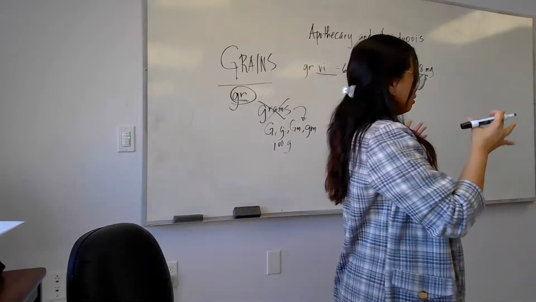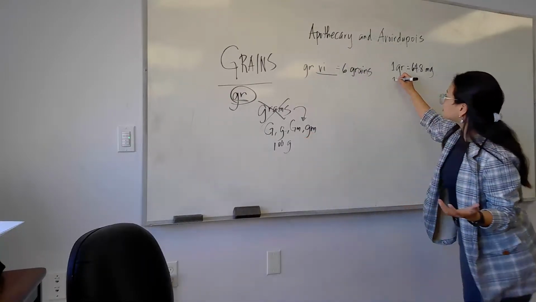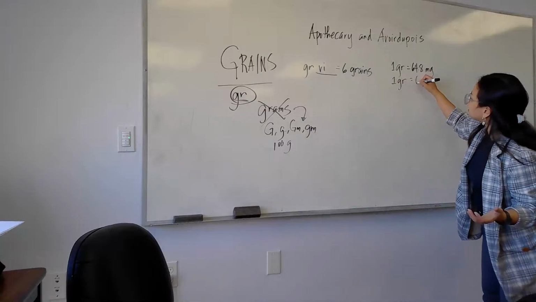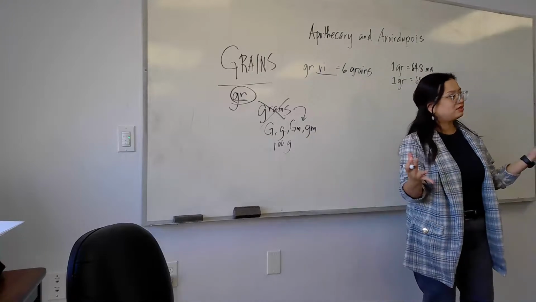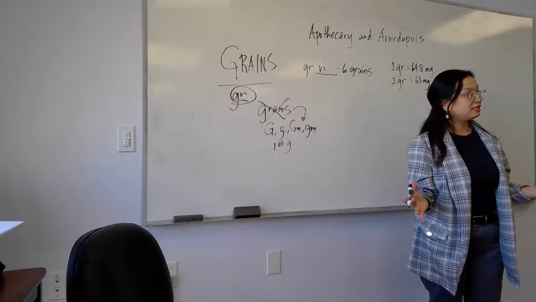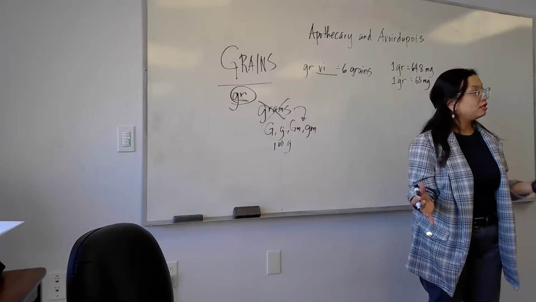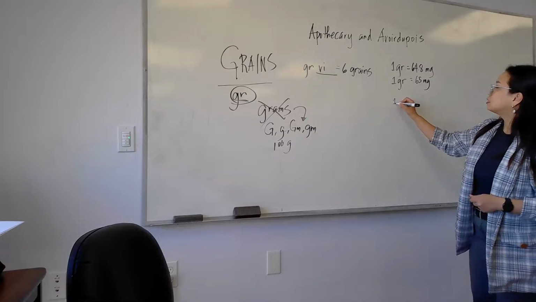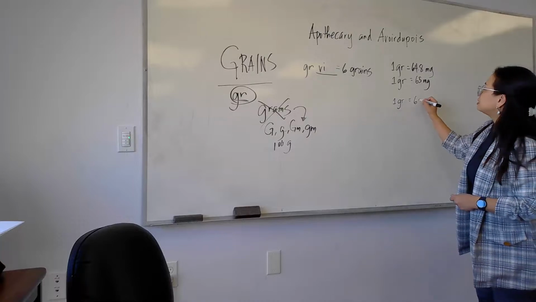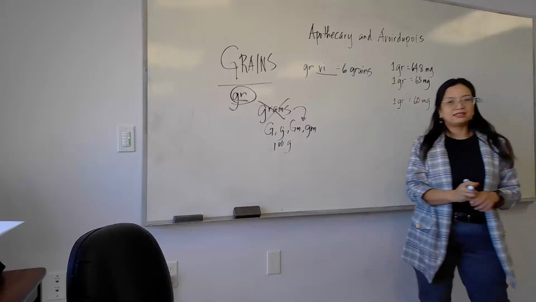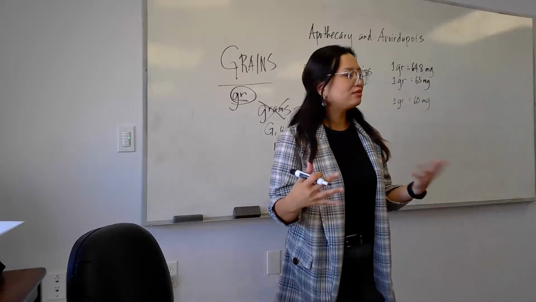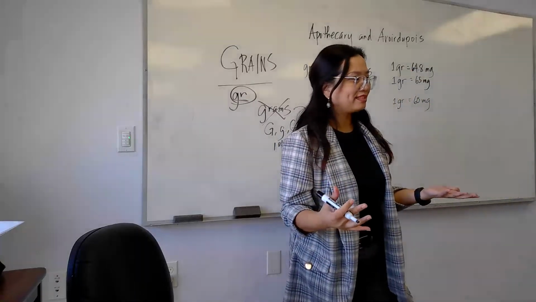That's why many tests or textbooks use 1 grain is 65 milligrams, just so it's a whole number easier to remember. But 1 grain may also be 60 milligrams. That's so confusing. Why the difference? History.